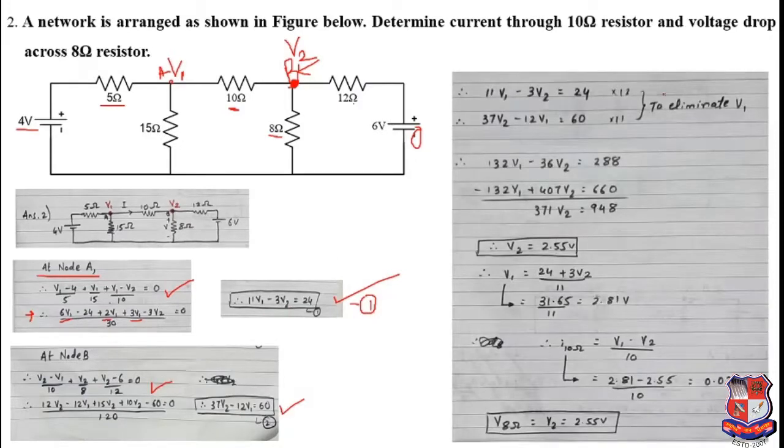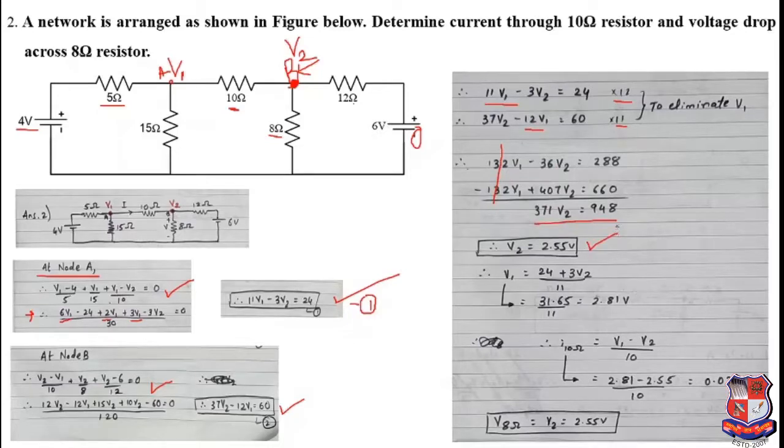Okay. So I have taken the elimination method. So I have just multiplied. So I need to eliminate V1. So what I will do, I will multiply here with 11 and in the upper equation I will multiply it by 12, such that I will get both the values as same for V1, so they will cancel out each other. Okay, and so we will be left with V2.